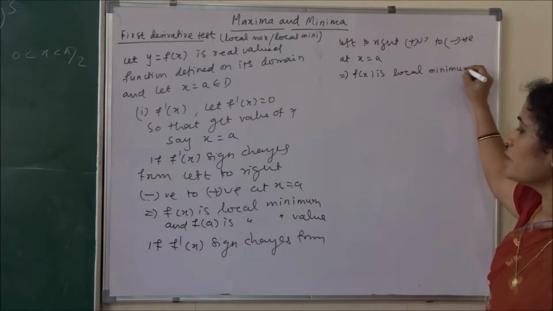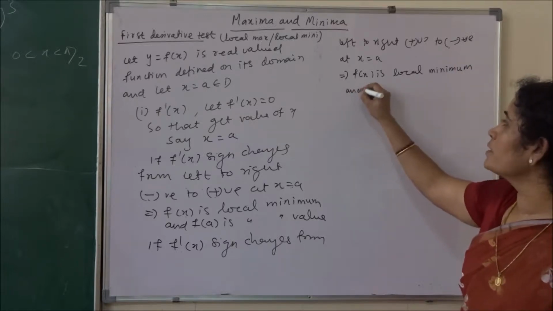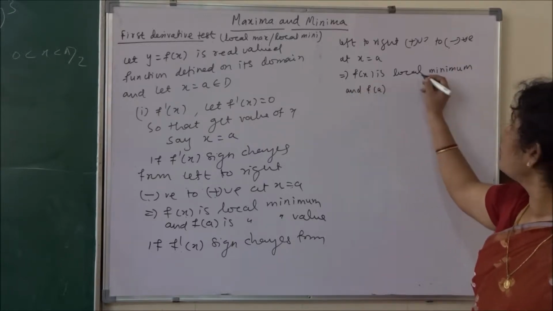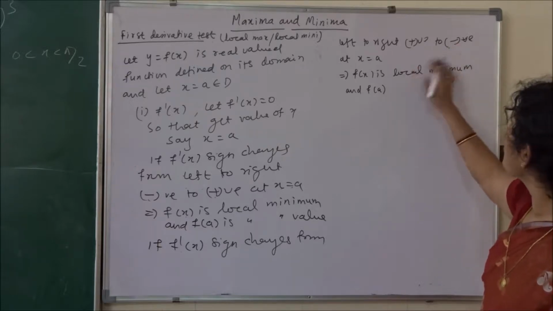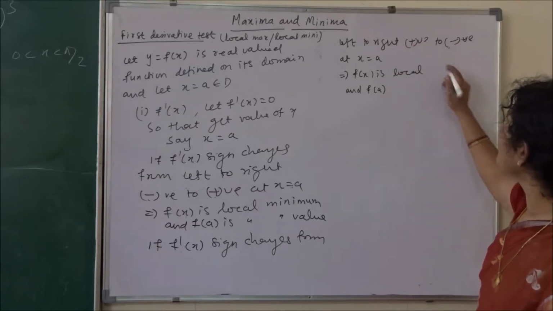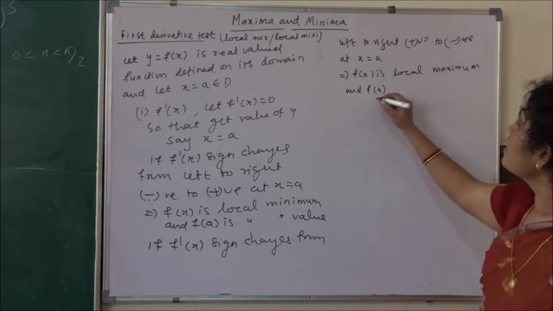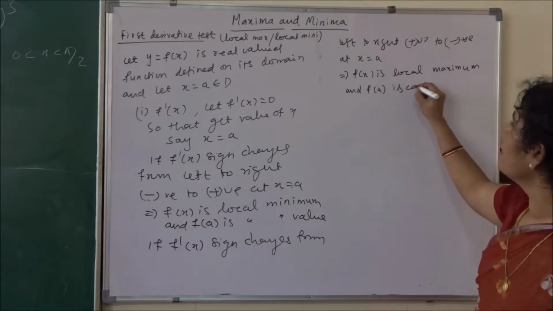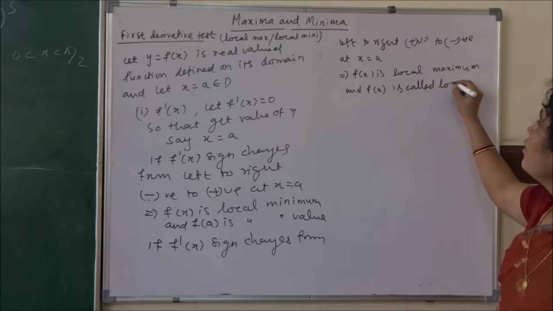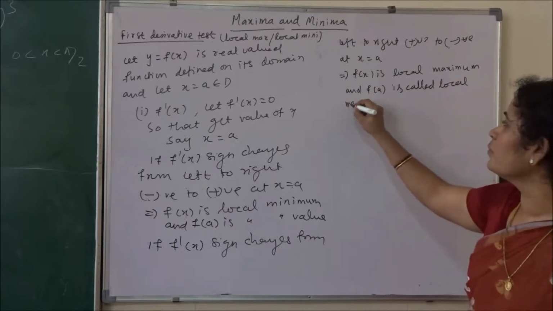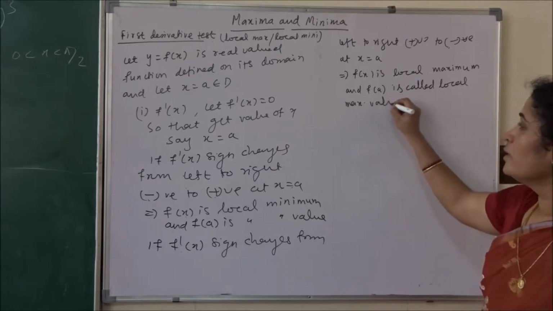Clear to you what I am saying? Negative to positive is local minimum, and f of a is called the local minimum value. Positive to negative is local maximum, and f of a is called the local maximum value. Clear to you?